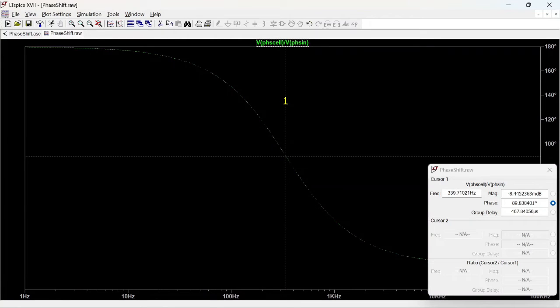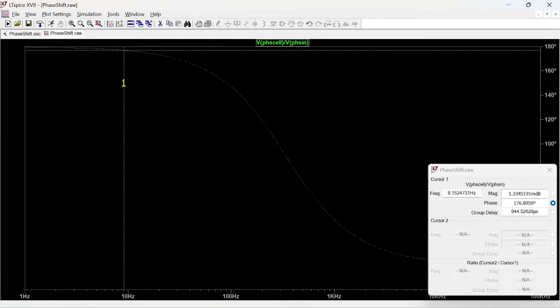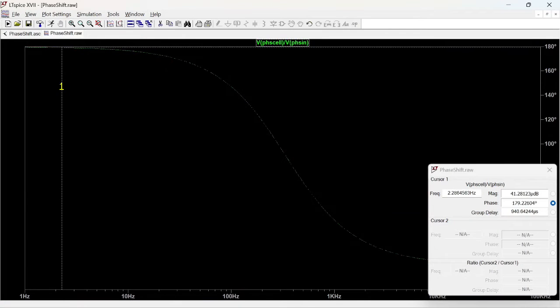I can't really get it. Okay, about 337, it's 338 hertz. This is 90 degrees shifted. Remember this. This is important because this is where we're going to expect this notch to happen in the frequency domain. With one stage, we can't move the phase 180 degrees, whatever we do.